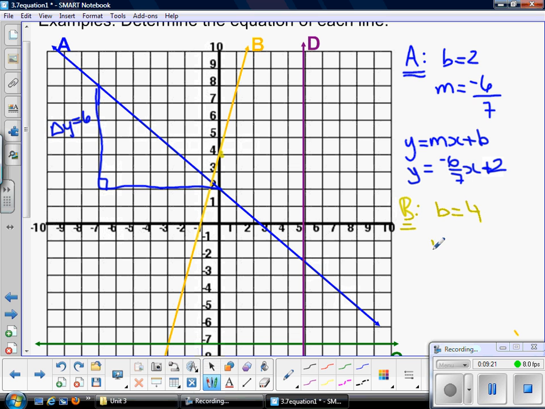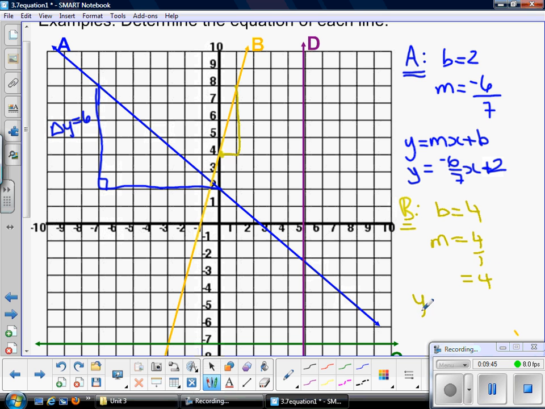My slope is going to equal, it appears that that's a nice spot right there. So it is 1, 2, 3, 4, and my run is 1. So actually that just equals the number 4. And it's positive, it's going up.